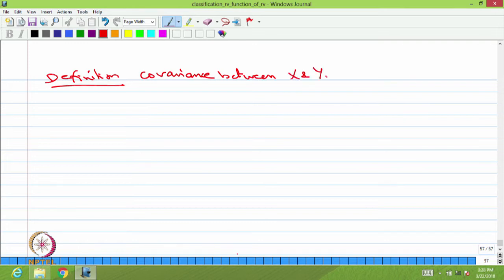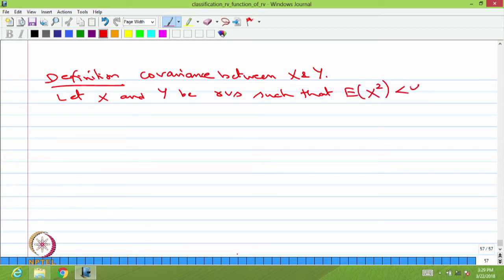Let X and Y be random variables defined on the same probability space, such that the second order moment for the random variable X exists and the second order moment for the random variable Y also exists.